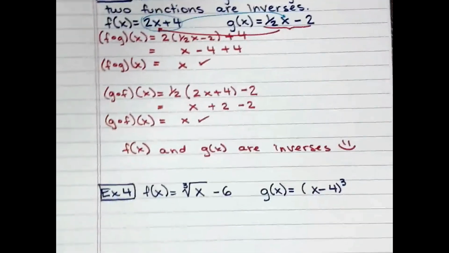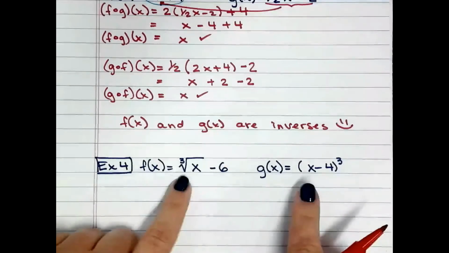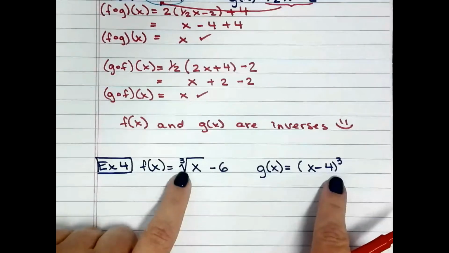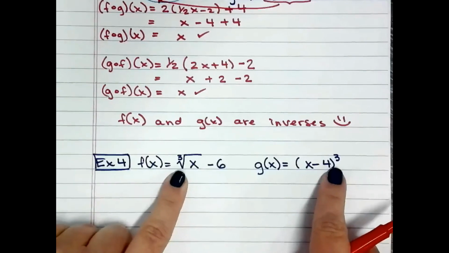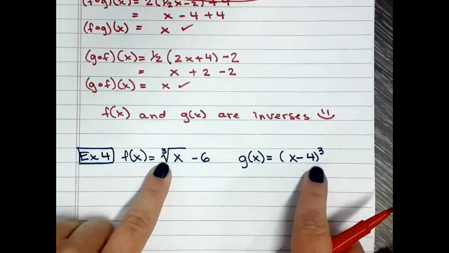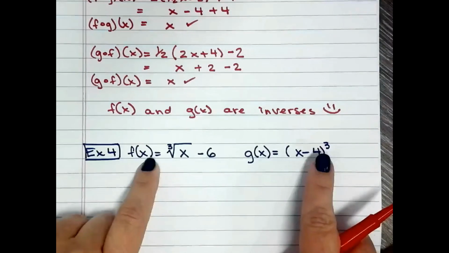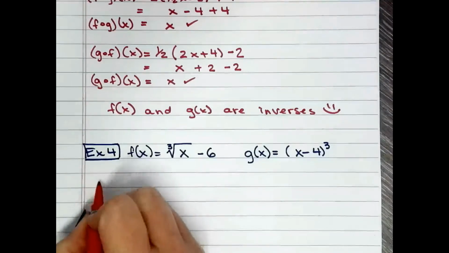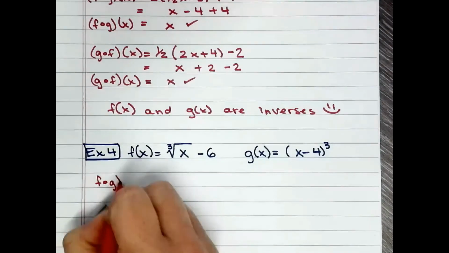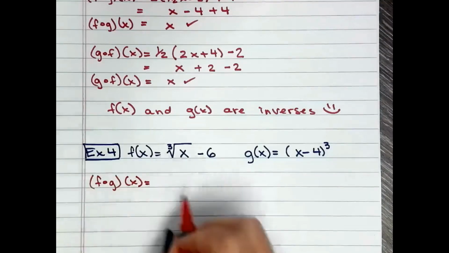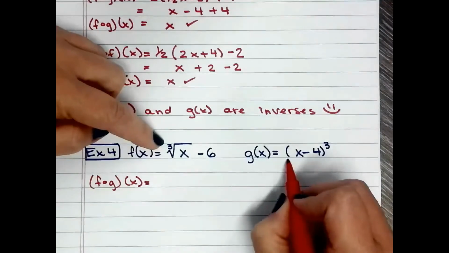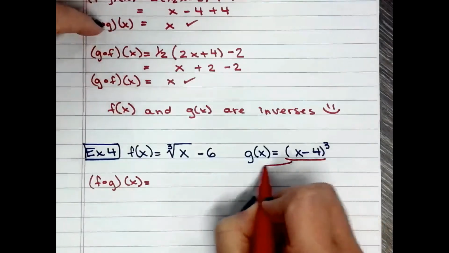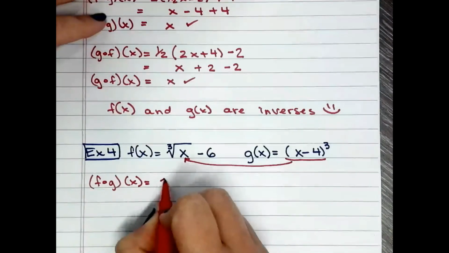Okay, one more. Now we have a cube root and a cubic function. So now we're going to determine algebraically if f of x and g of x are inverses. So f composed g of x. So I get the function, substitute that for x.